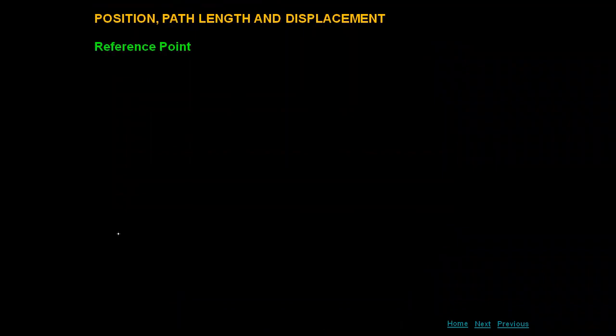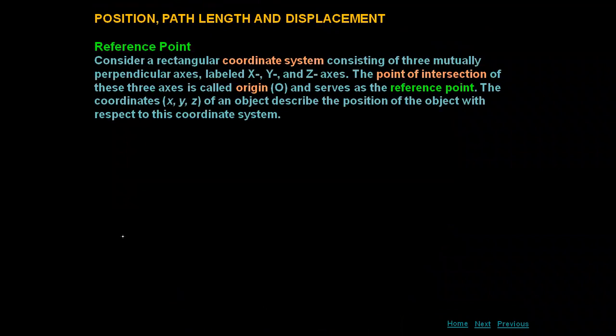Position, path length, and the displacement. So next comes the reference point. After the point object, next comes the reference point. Consider a rectangular coordinate system consisting of three mutually perpendicular axes labeled as x, y, and z axis. We know it. The point of intersection of these three axes is called the origin and serves as the reference point.